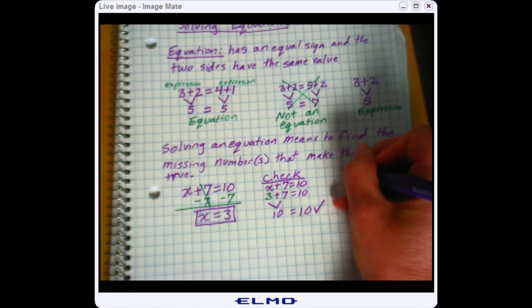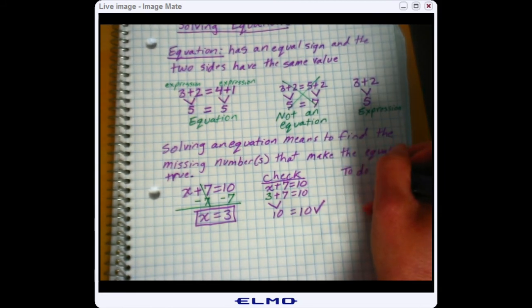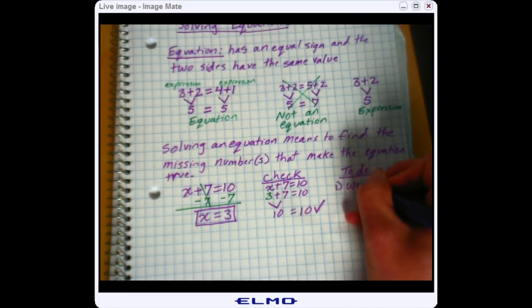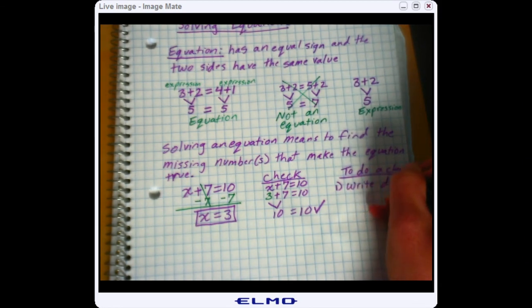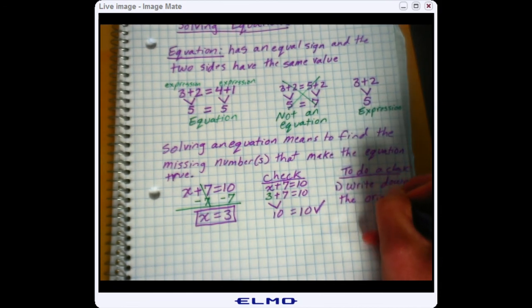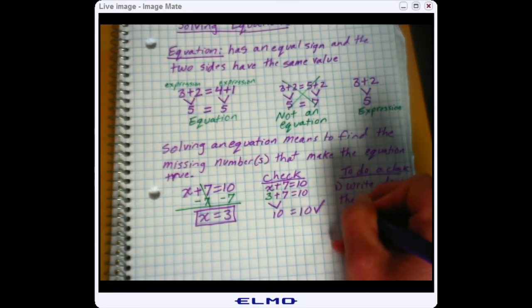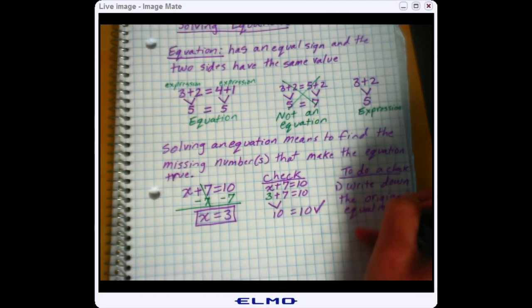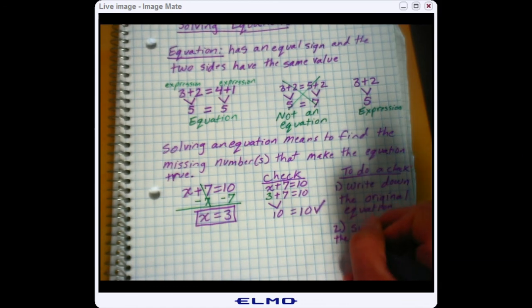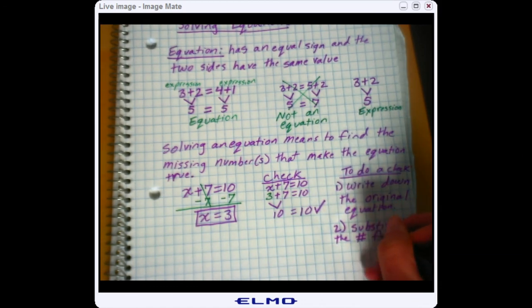So I'm just going to write some quick notes in here for what we just said, but to do a check, okay, the first thing you're going to do is write down the original equation. And the second thing you are going to do is you're going to substitute the number for the variable.